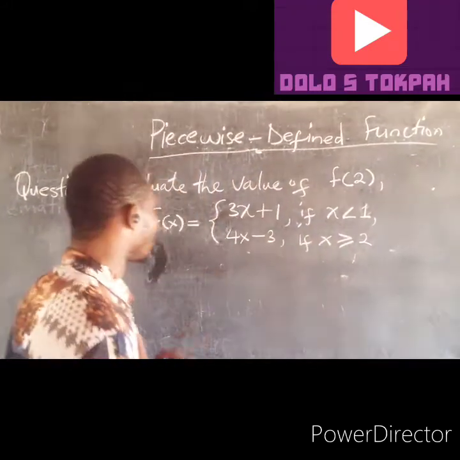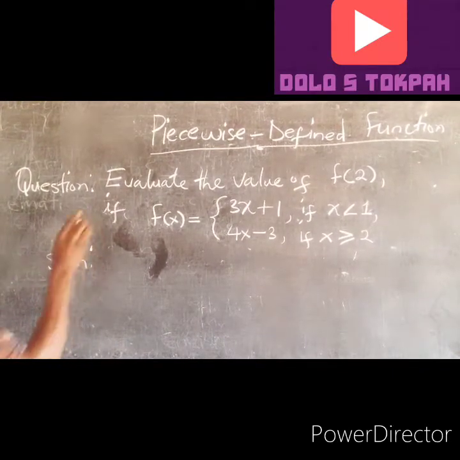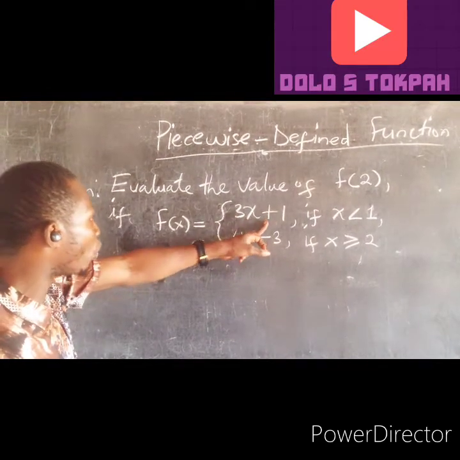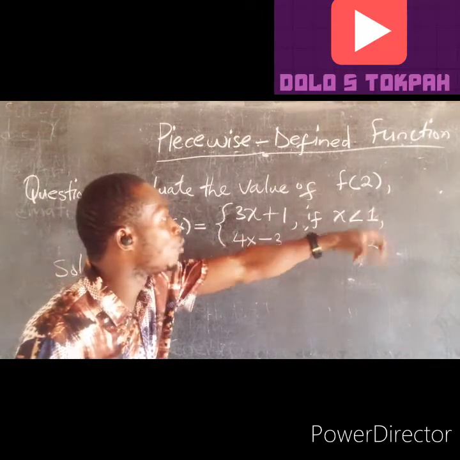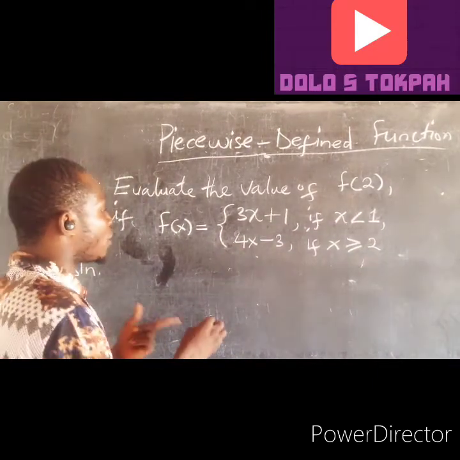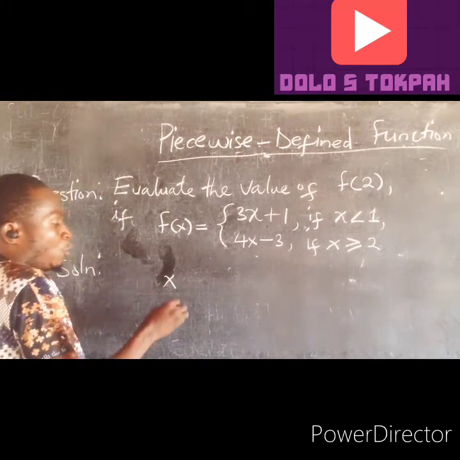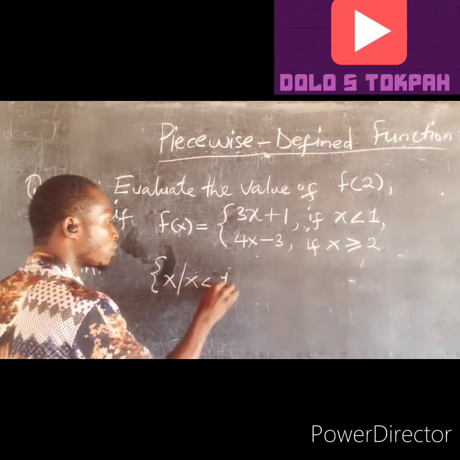So in that slide, we say our solution. We have 3x plus 1 if x is less than 1. If x is less than positive 1, the values of x will be all whole numbers that are less than positive 1.